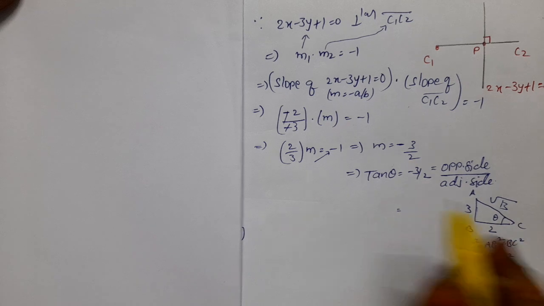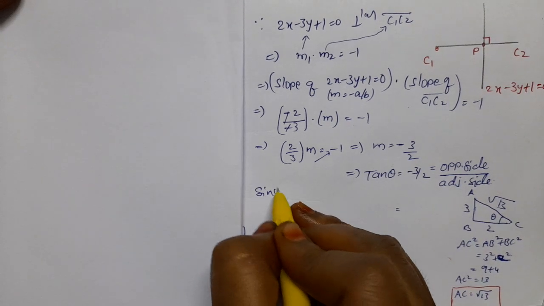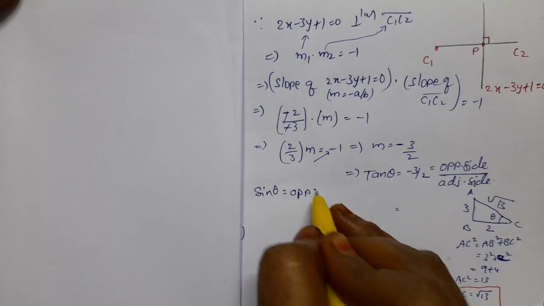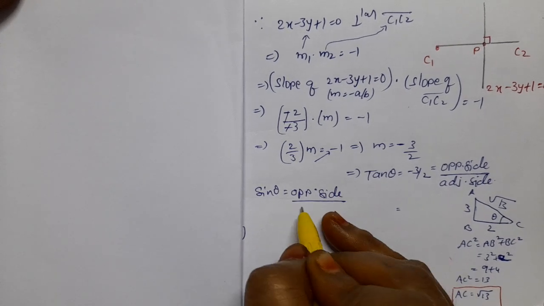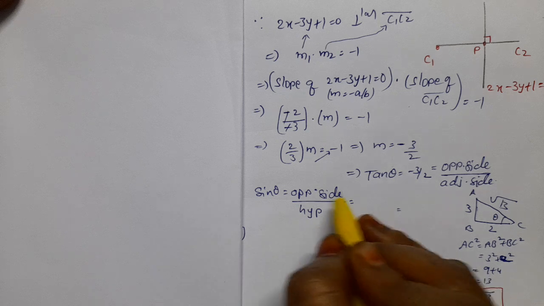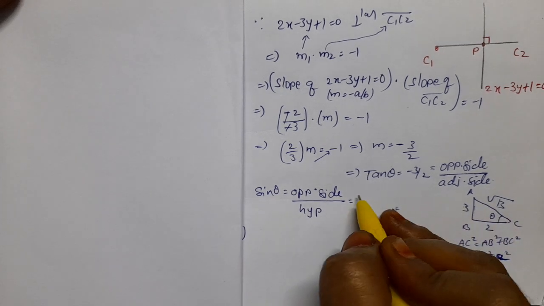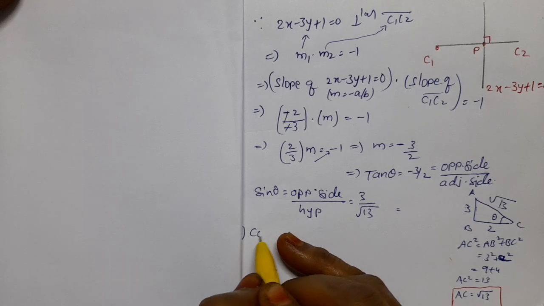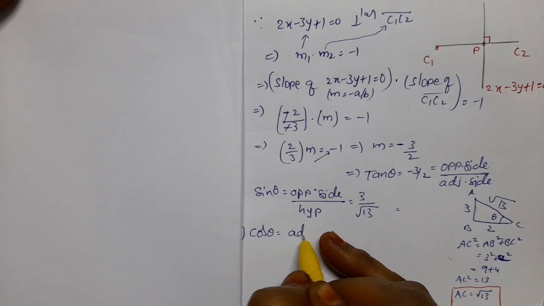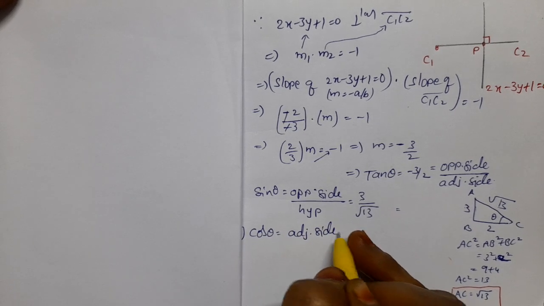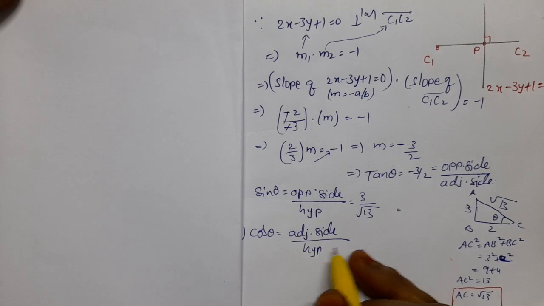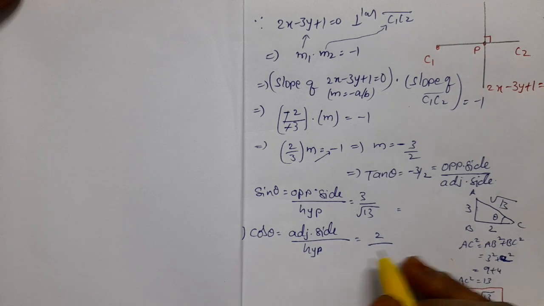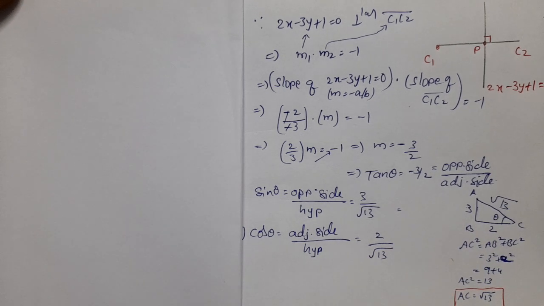From this triangle, we can calculate sin theta and cos theta. Sin theta equal to opposite side by hypotenuse, 3 by root 13, and cos theta equal to adjacent side by hypotenuse, 2 by root 13.